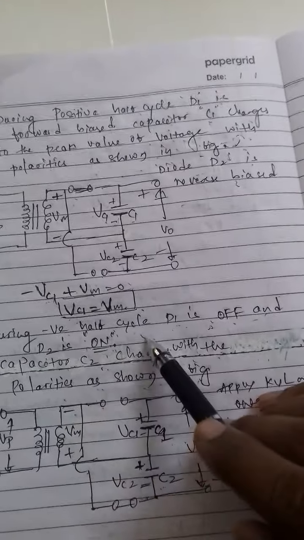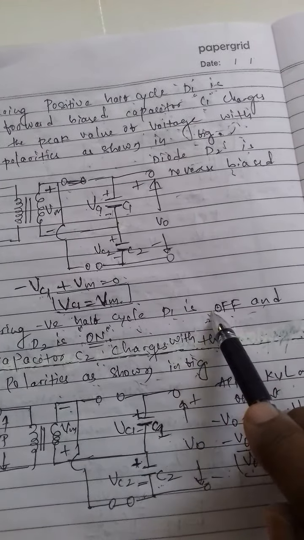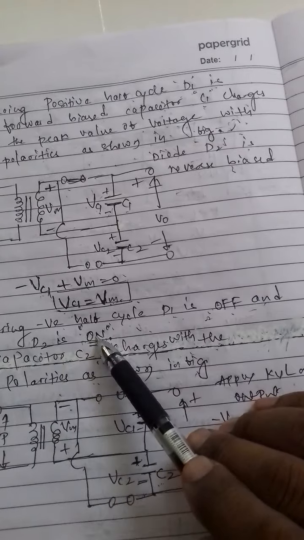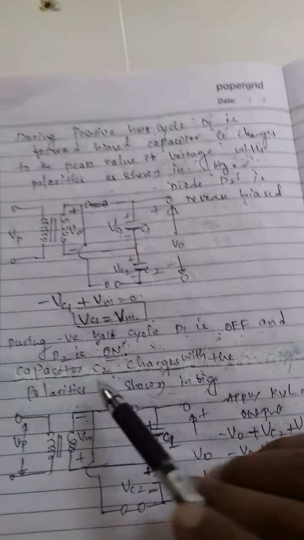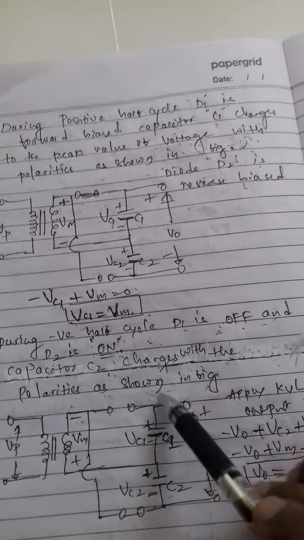During the negative half cycle, D1 is off and D2 is on. Capacitor C2 charges with the polarities as shown in the figure.